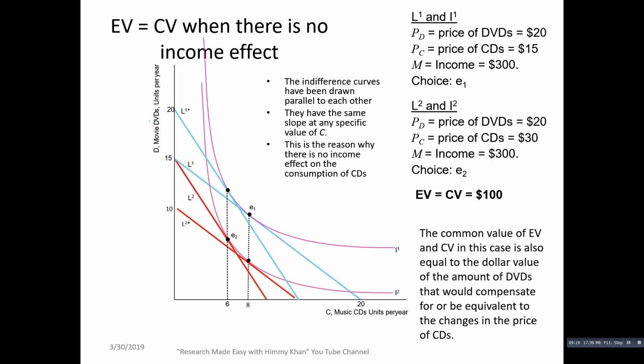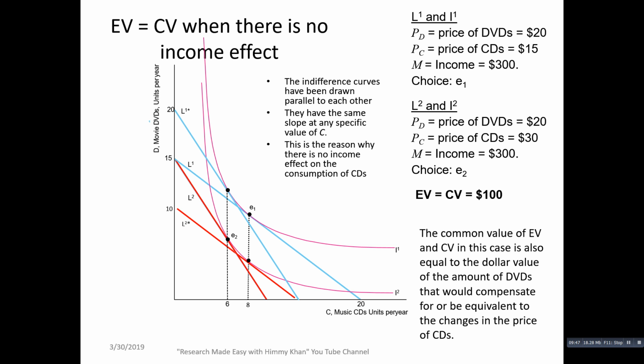Here we can show in this diagram that equivalent variation will be equal to compensating variation when there is no income effect of a price change. The original situation is as before. Price of DVD is $20, price of CD is equal to $15, money income of the consumer is equal to $300, and the consumer is at point E1.